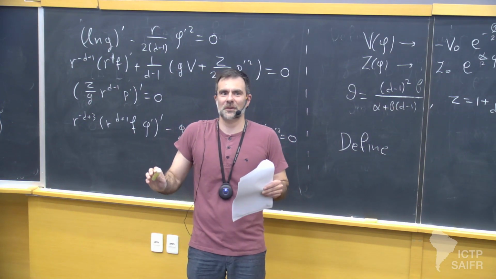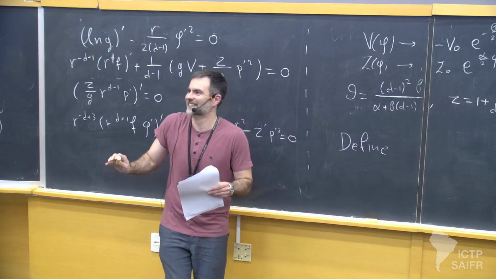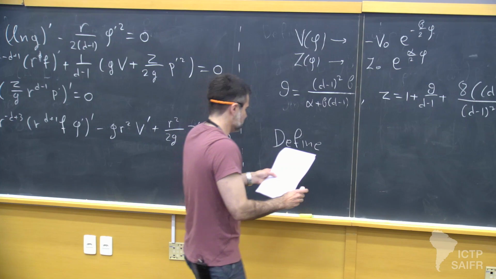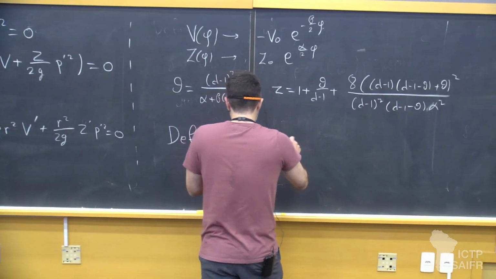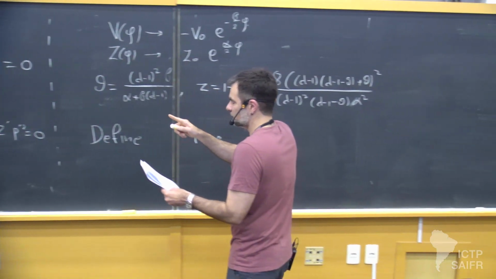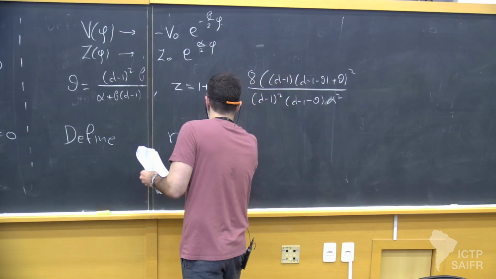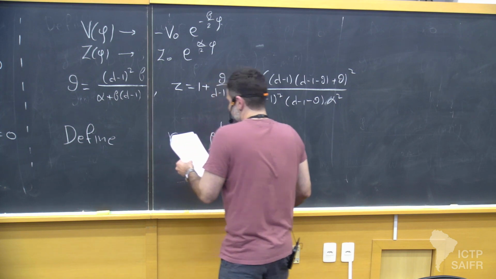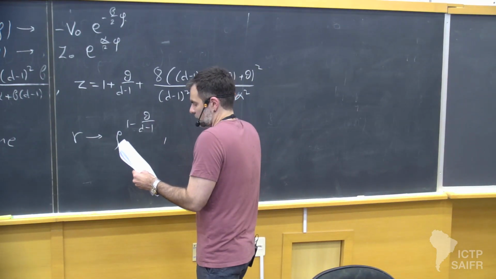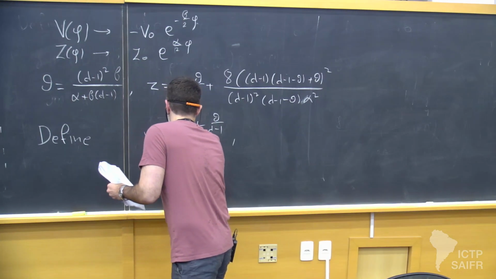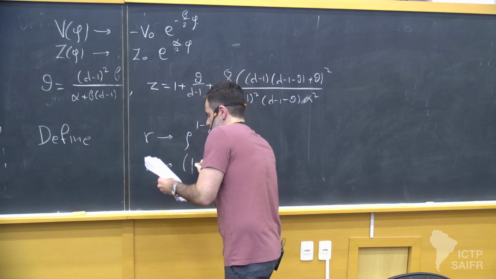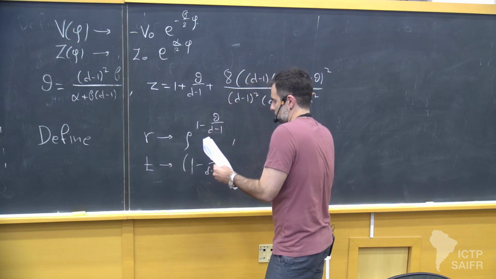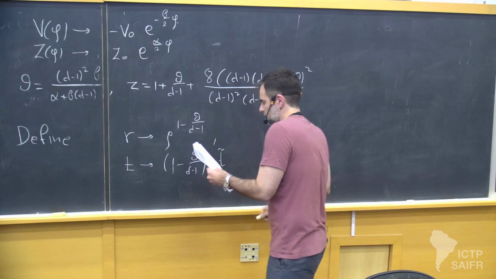Any more questions like this? Okay, good. Now I will define some new radial coordinate that will make the solution look simpler. So I will trade r over there for some coordinate rho, which are related in this way. I will also scale time like this, 1 minus theta over d minus 1 times t tilde.